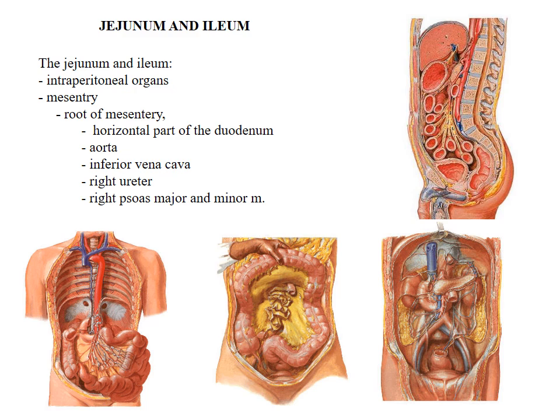This part of the small intestine, jejunum and ileum, are intraperitoneal organs. They are completely covered by the visceral peritoneum, and they are connected to the posterior abdominal wall by the mesentery.